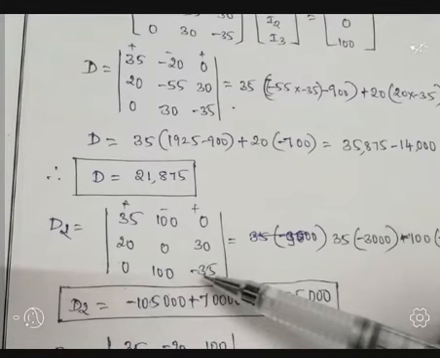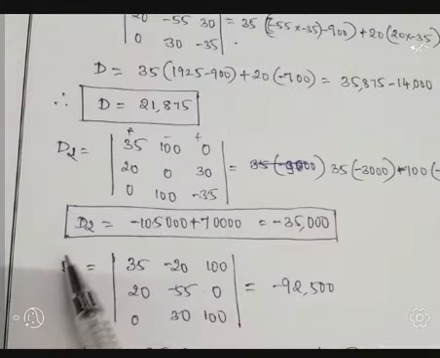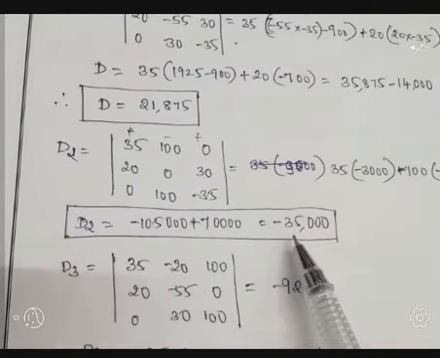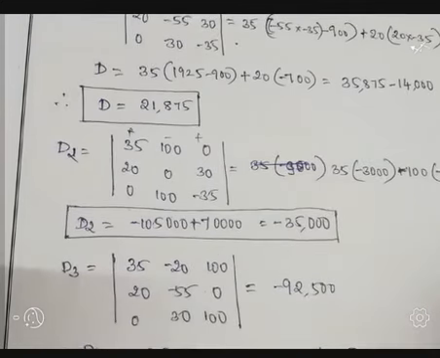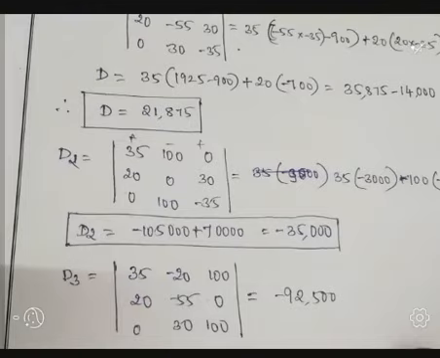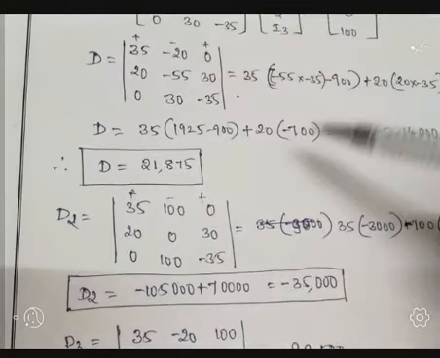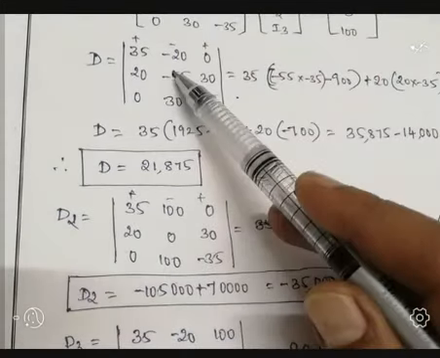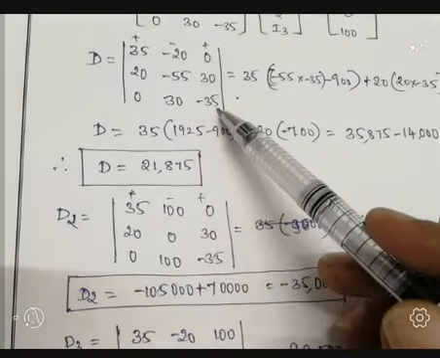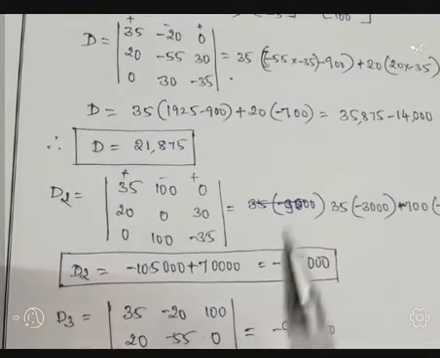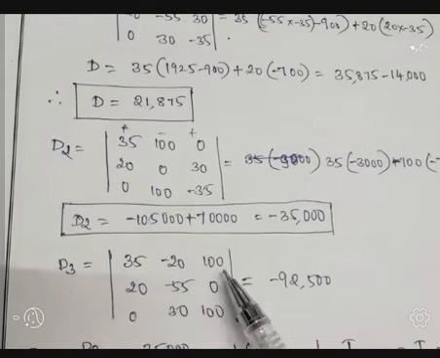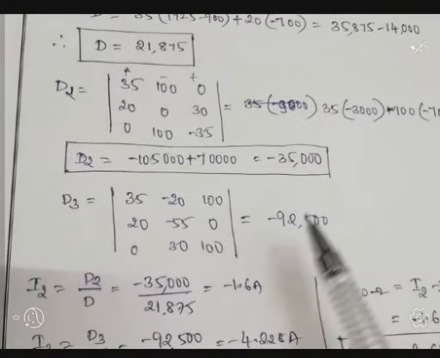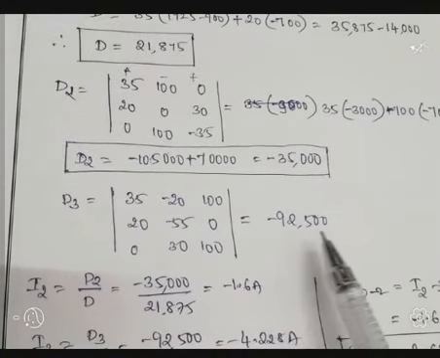After simplification, D2 equals minus 35,000. Similarly, D3 is calculated by replacing the third column by the constant terms, and we get minus 92,500.